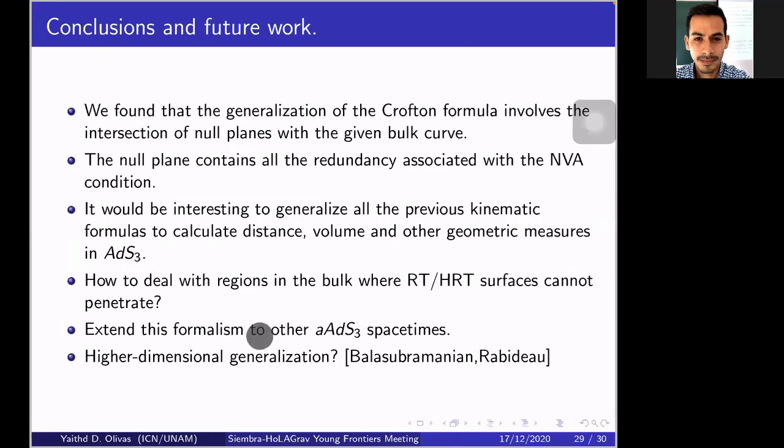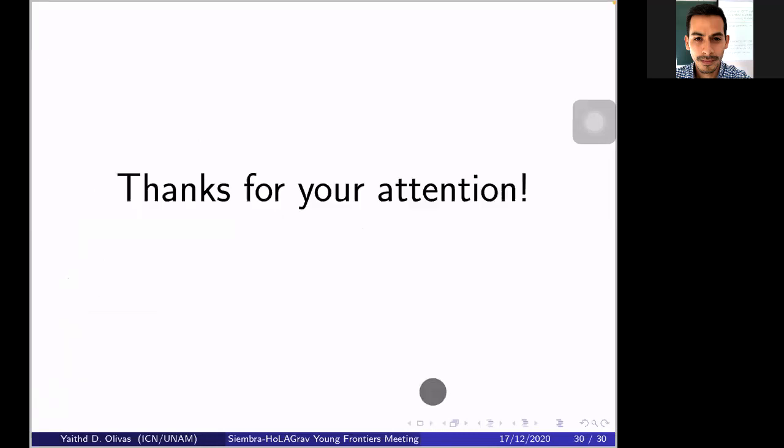A nice question would be how to deal with regions in the bulk where the RT and HRT surfaces cannot penetrate. It would be interesting to extend these formulas to other asymptotically AdS3 spacetimes. And why not find a higher dimensional generalization using previous work by Balasubramanian and Ravindran. And that's all. Thank you for your attention.